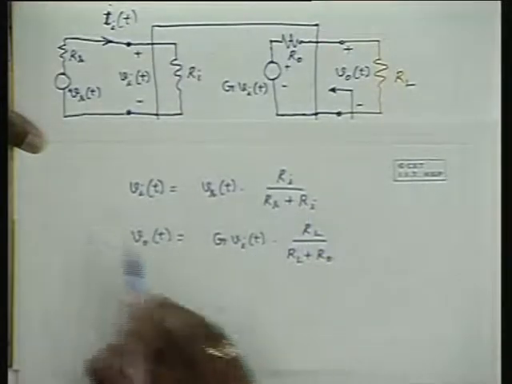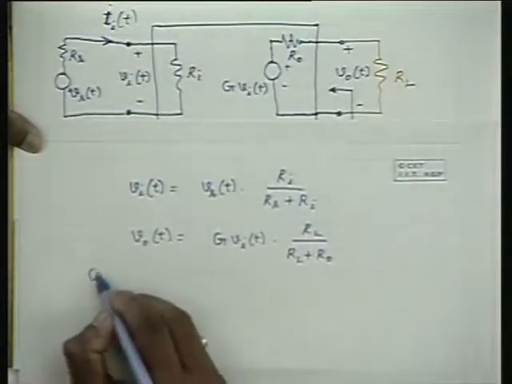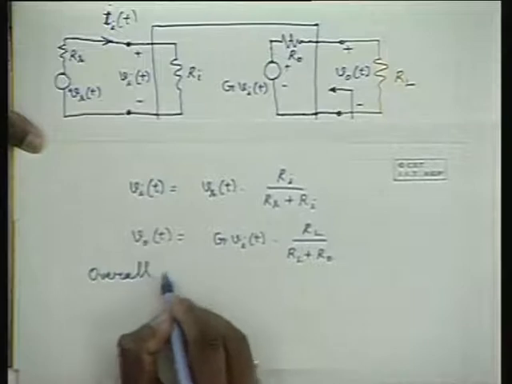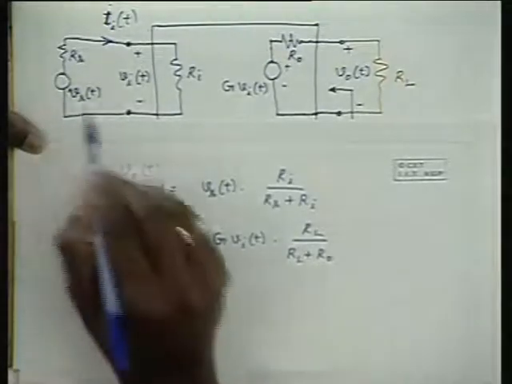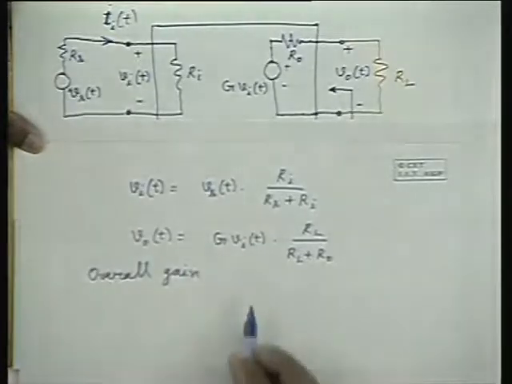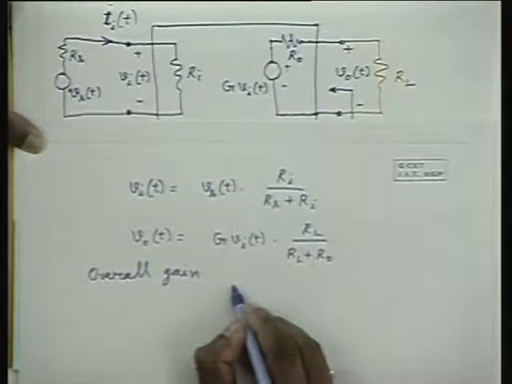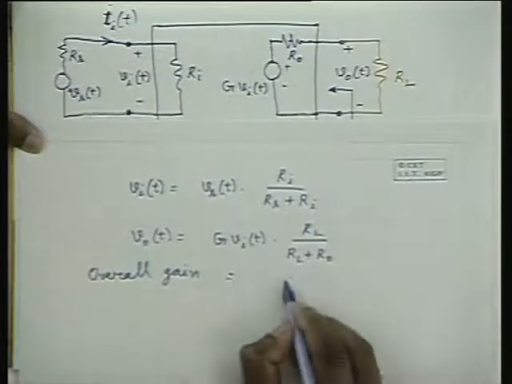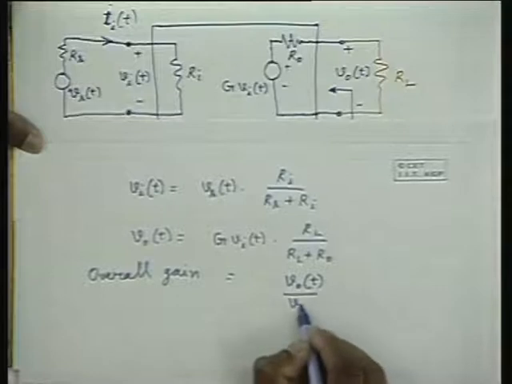Now, if we are interested in the overall gain of the amplifier in terms of the open circuit input voltage source, or the ideal voltage source voltage, the overall gain is VOT divided by VST.